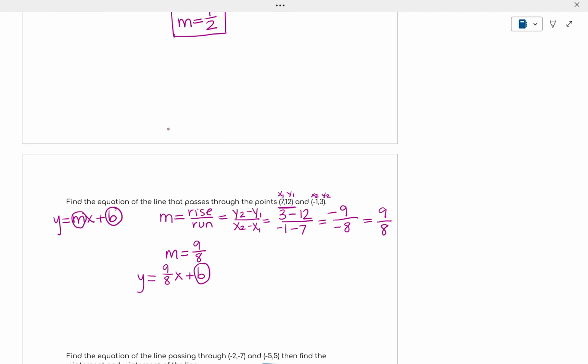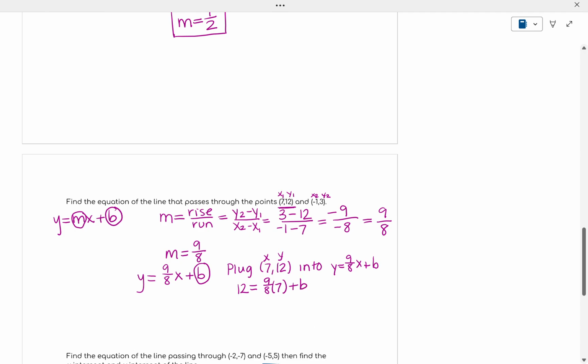So plug 7, 12 into y equals 9/8 x plus b. Remember that 7 is x and 12 is y, so we have 12 equals 9/8 times 7 plus b.